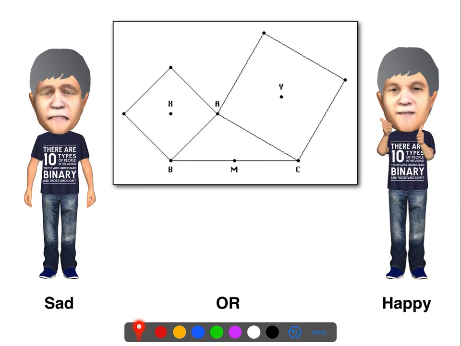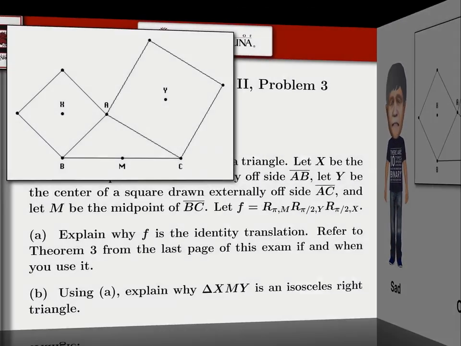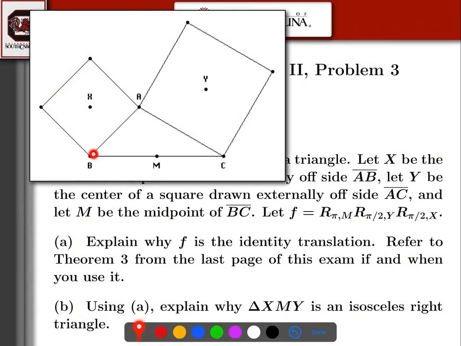Well, that means there's one point that's not moving under this translation, and that point is B. B is going to A, to C, and then to B, so F of B is B. So this translation, whatever it is, is taking B to itself, and so the little a and little b that we're adding to every x and y must be 0, because whatever B is, it's not moving.